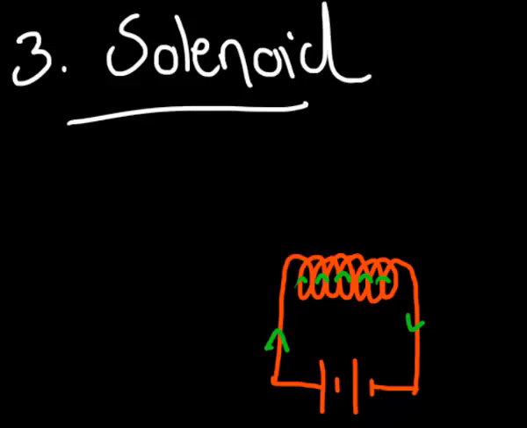Now what is unique about a solenoid is when we're going to create a magnetic field, it's not just going to be a circular magnetic field like we've seen in our straight current carrying conductors and our loop of wire. Here we're going to actually form a bar magnet on the inside of the coil.